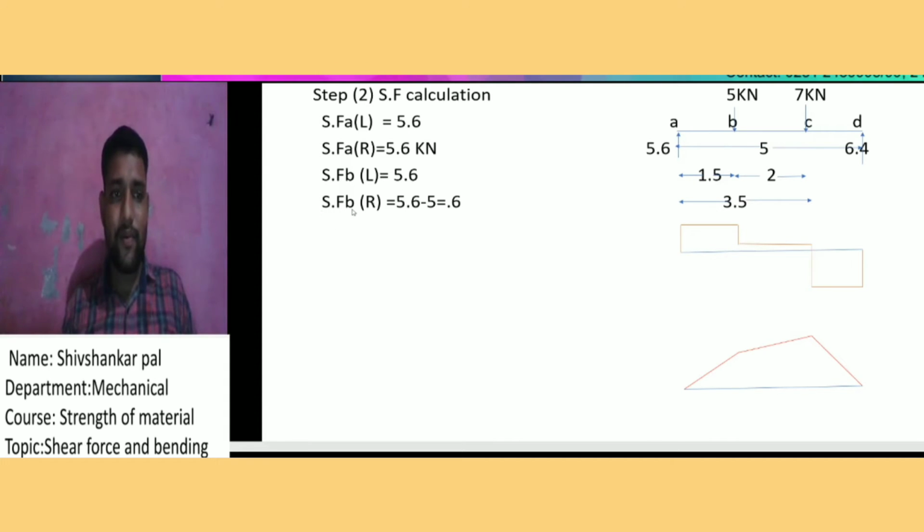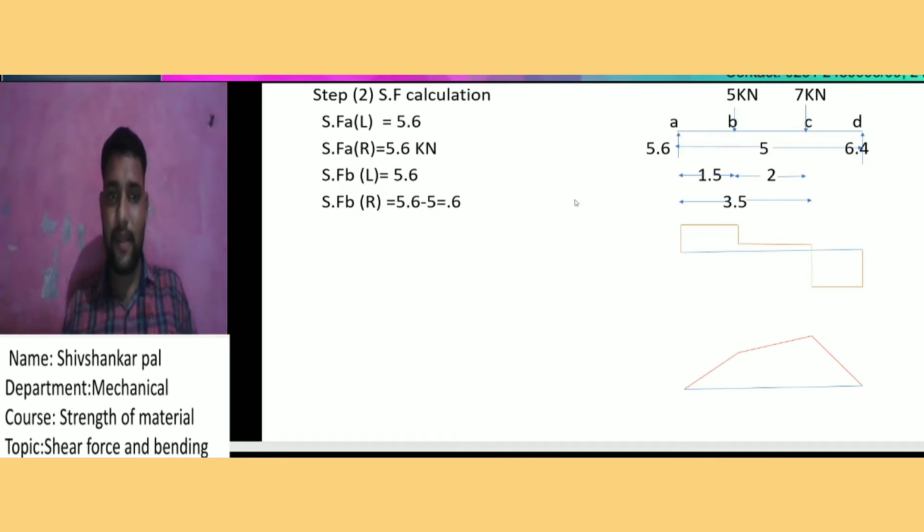And for the shear force at point B when I go to the right-hand side of point B, I see 5.6 kN in the upward direction and 5 kN in the downward direction. Two loads are acting when I am situated at point B from the right-hand side. One is 5.6 in the upward direction and the other, 5 kN, is in the downward direction.